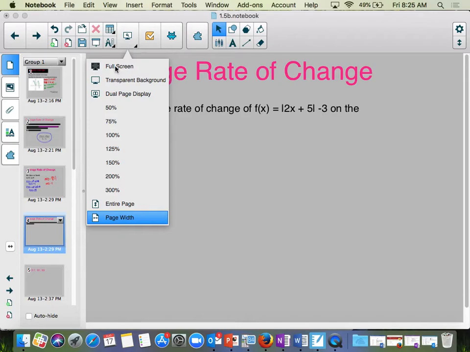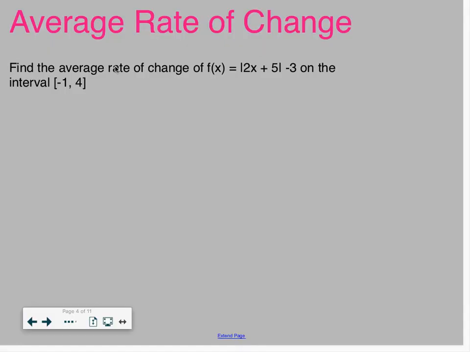Okay, so we're going to do this, I'm going to give you 2 minutes. Write down f of x equals the absolute value of the quantity 2x plus 5, minus 3. We're on the interval negative 1 to 4.